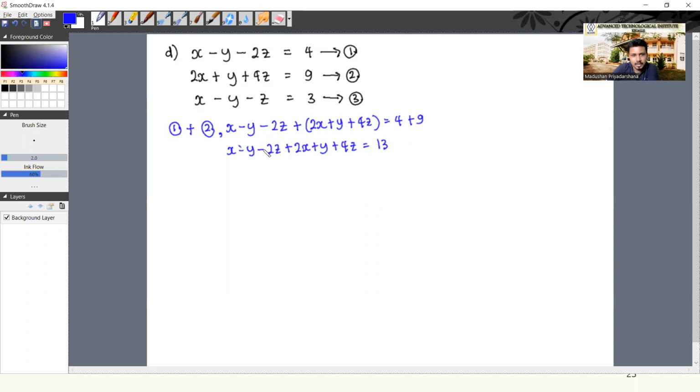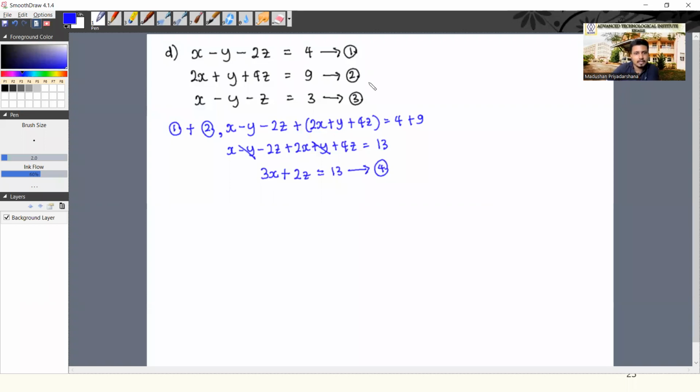See here, minus y and plus y we can cancel. x plus 2x, that is 3x. Minus 2z plus 4z, that is plus 2z, equals 30. So this will become our fourth equation. Now, eliminating y, we built an equation.